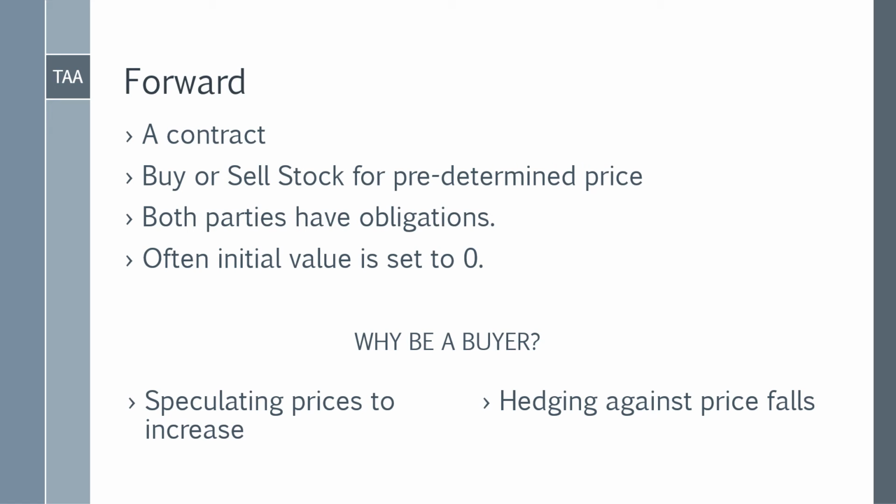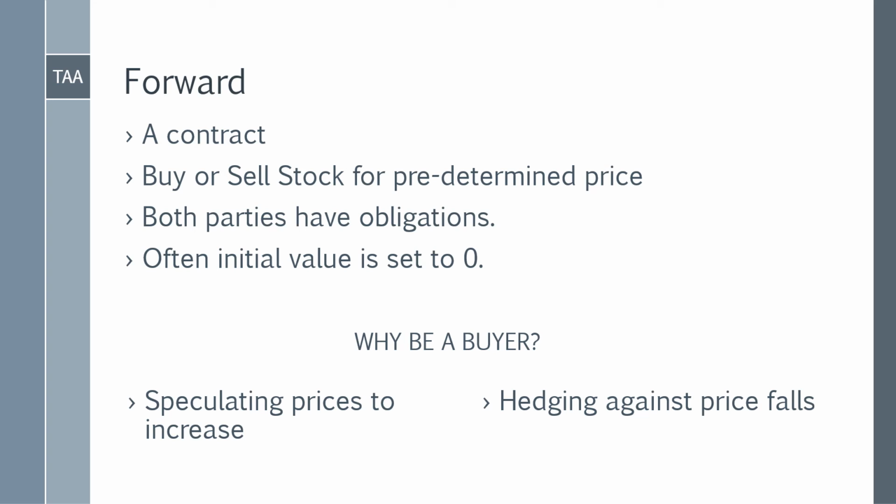So now we'll be going into forwards. A forward is another contract, another derivative, but here you want to buy or sell a stock at a predetermined price. In this case, both parties have obligations. So it's basically saying, in the future, I'm going to buy this stock and you're going to sell this stock to me at this price, no matter what happens.